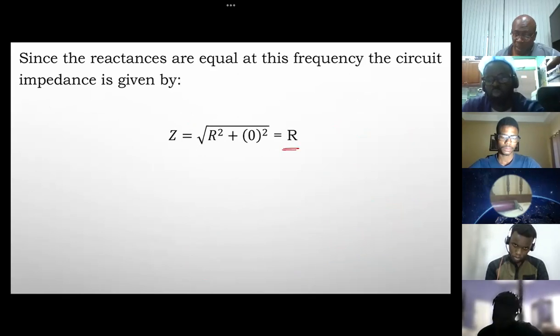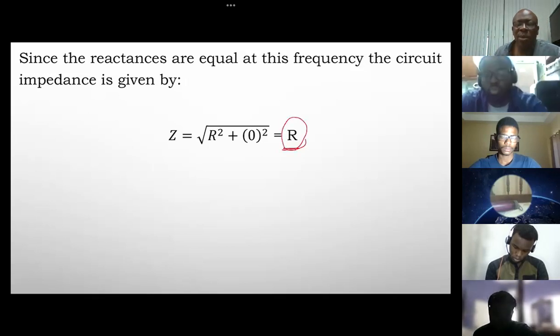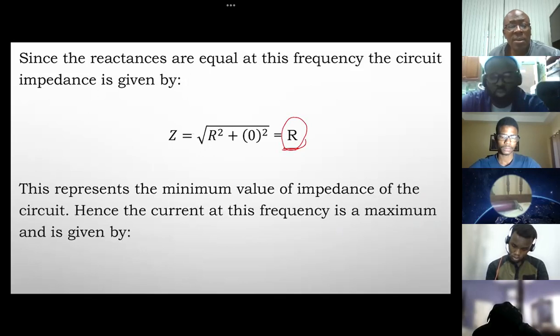One, this would represent the smallest value of impedance of our circuit. So that's the first statement we can make, that at resonance, the impedance is a minimum.